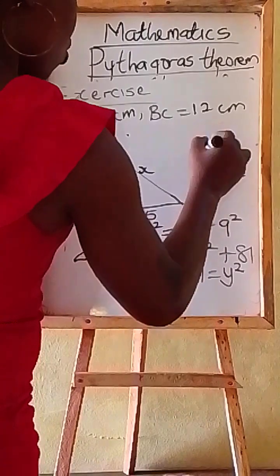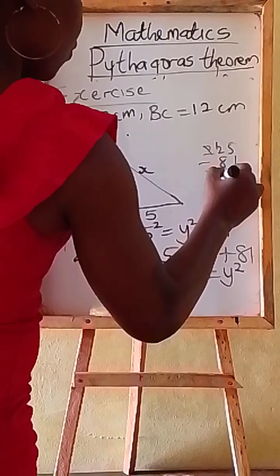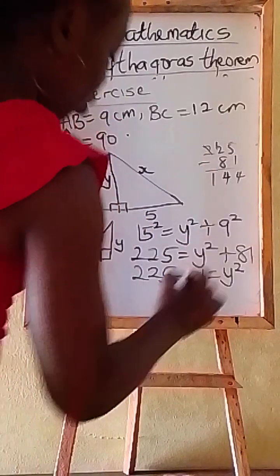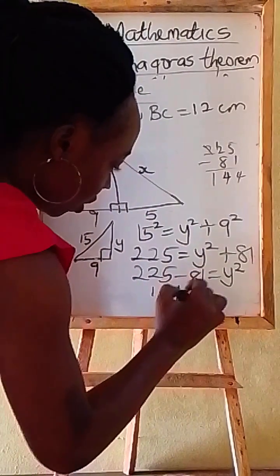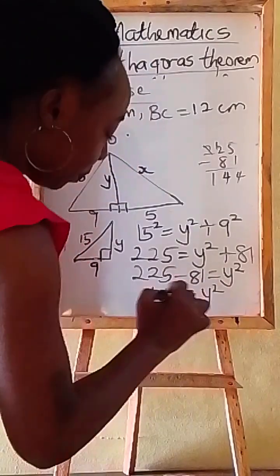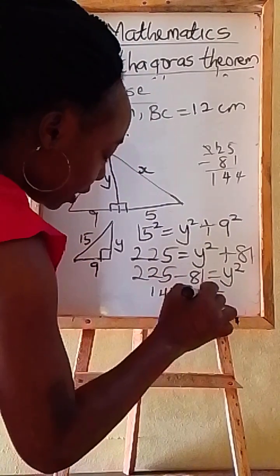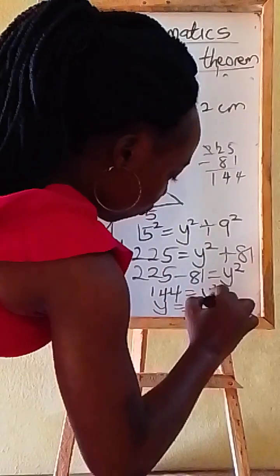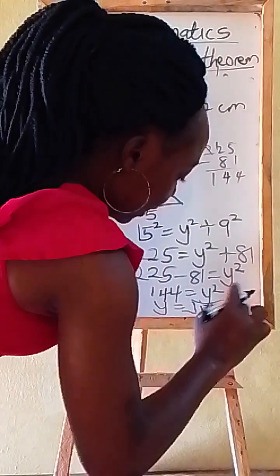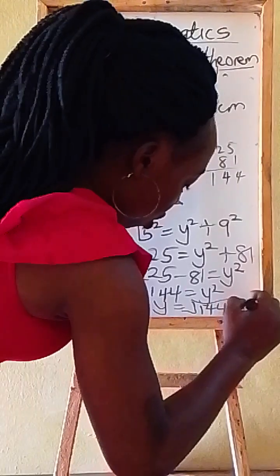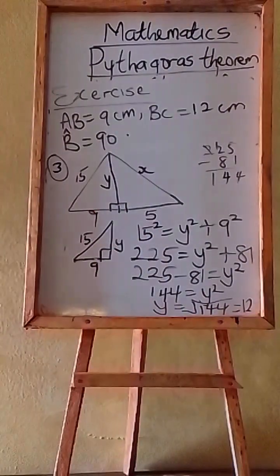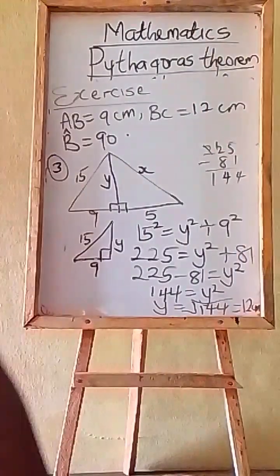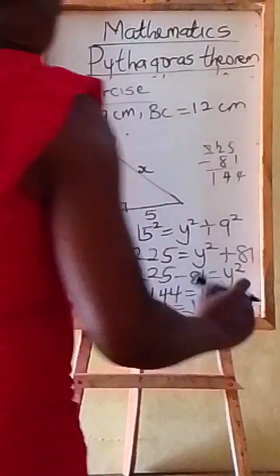We have 144 equals y square. Then the next thing to do is take the square root of both sides. y equals the square root of 144, and that equals 12 centimeters.